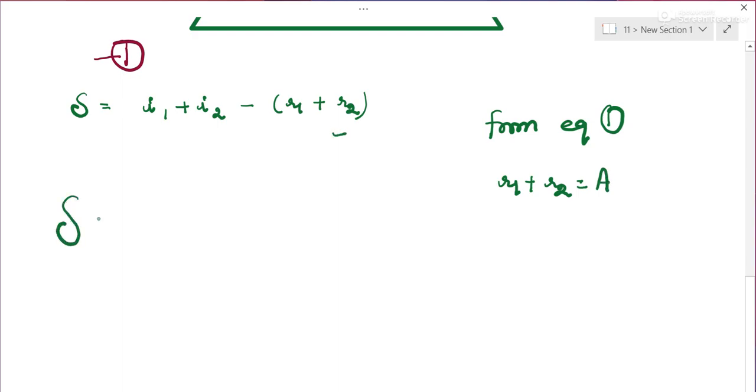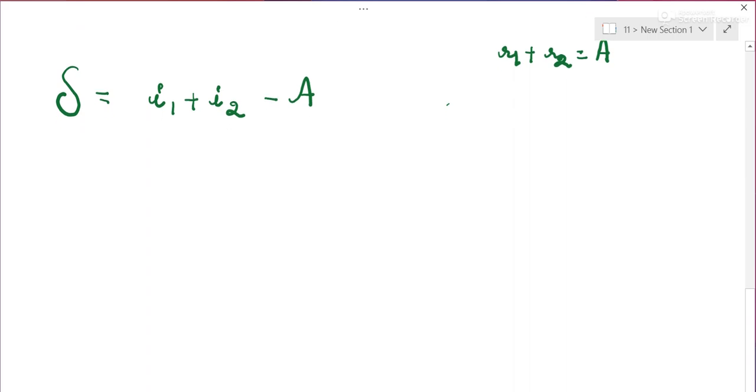So the angle of deviation will be equal to I1 plus I2 minus A. So for the angle of deviation to be minimum, this quantity should be minimum.